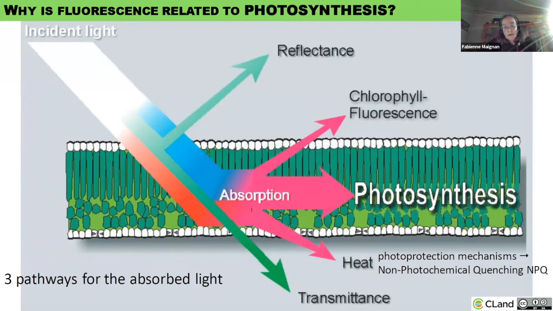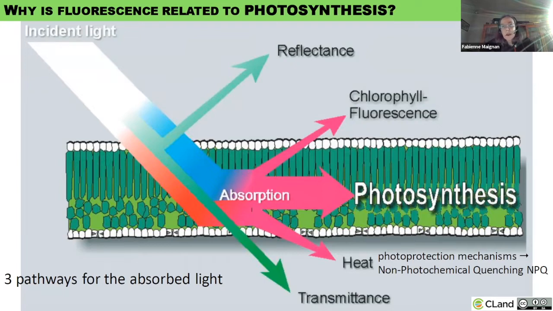So regarding the light absorption, from light you get energy, and this energy can be used by three competing processes. First, photosynthesis. Then if you absorb too much energy, you have to dissipate it. There are photoprotection mechanisms that are activated, and we group these mechanisms under the name of non-photochemical quenching, or NPQ.